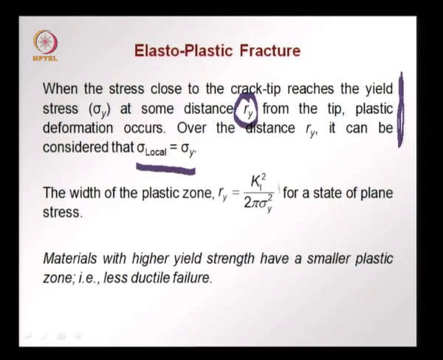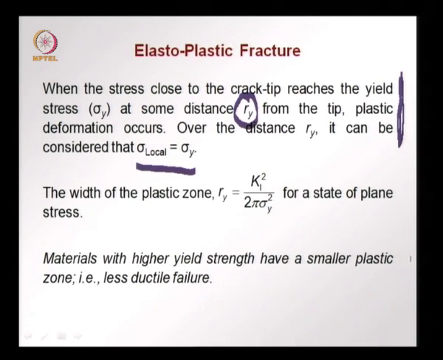So, what we see here is that when sigma_y is larger, r_y is smaller. That is, for a material which has a higher yield strength, the plastic zone is smaller. That means the ductility of the failure is also less. The larger the r_y, the more ductile is the failure, more energy is dissipated, there is a larger zone where toughening occurs and energy is dissipated during failure.